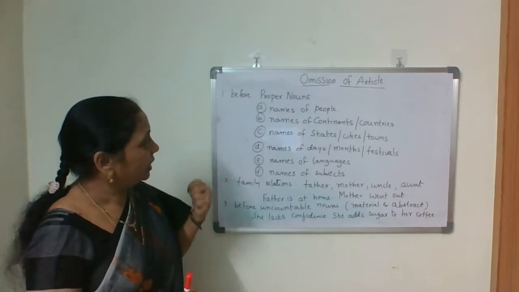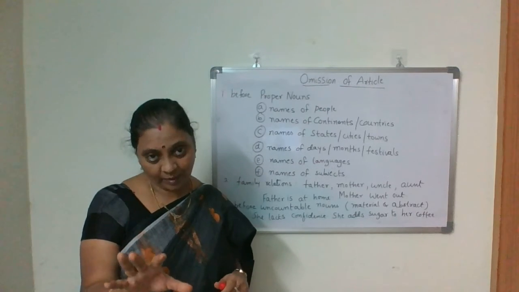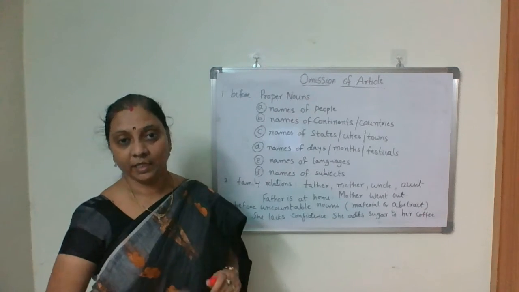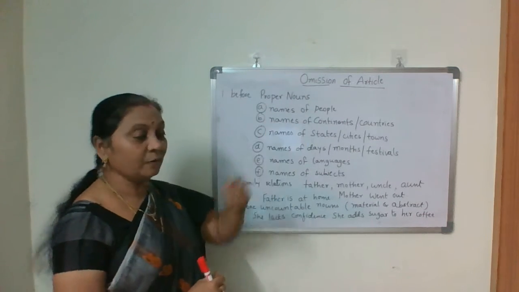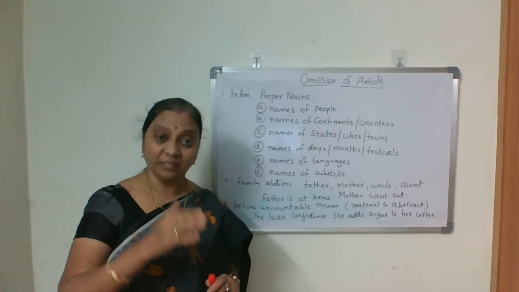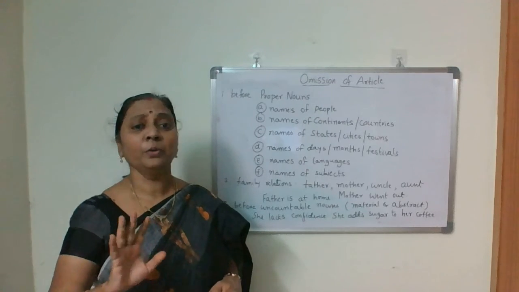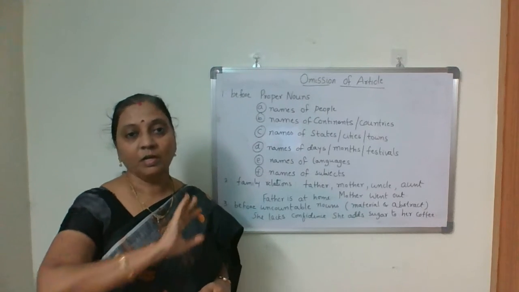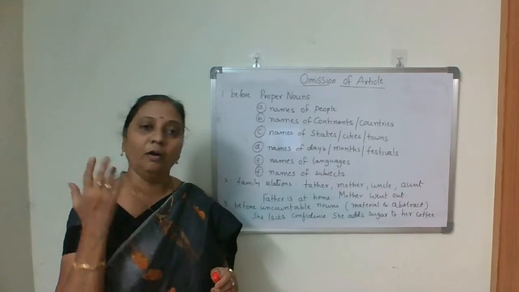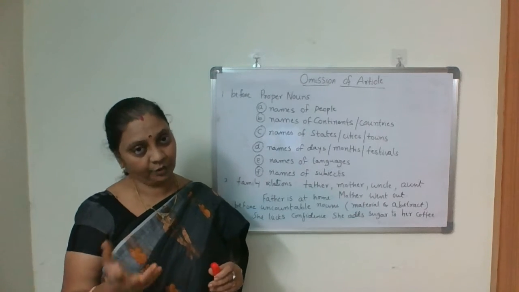So let's begin. First one, before proper nouns. Before proper nouns, we don't use any article, especially names of people. Do you say a Rahul, the Rahul, or an Rahul? No. So before proper nouns, we don't use any article, isn't it? Or any names of continents and countries also we don't use.